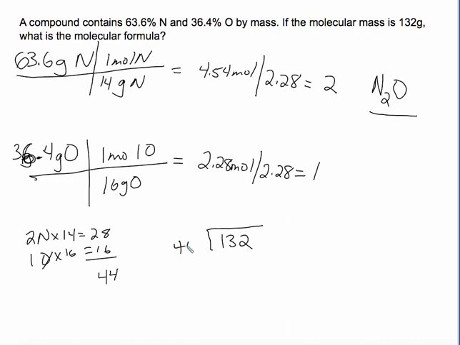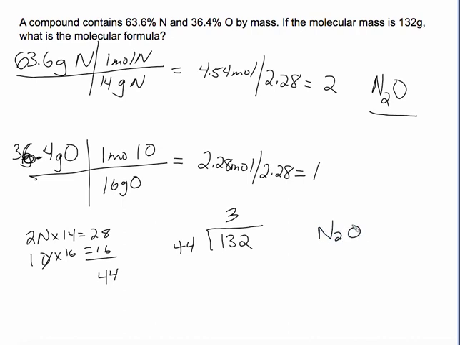So if you take the molecular mass and you divide that by the mass of the empirical formula, 132 divided by 44, you would find that it is a multiple of 3. So what that means is that the empirical formula has to be multiplied by 3.